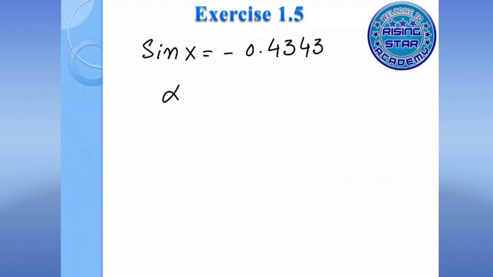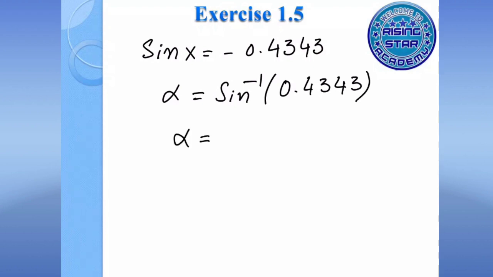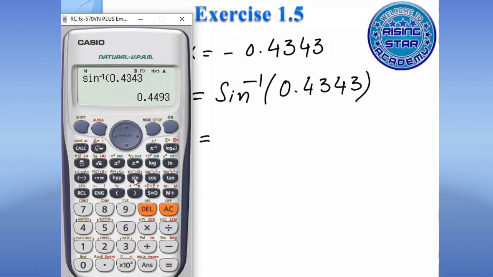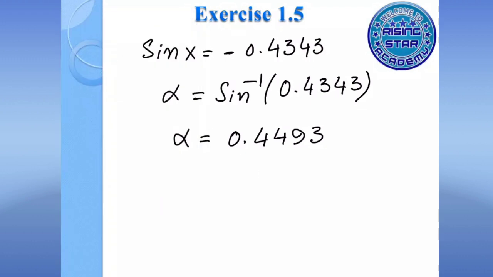Now we will solve the negative value. Now we will find the basic angle alpha for it. We will write sine inverse of 0.4343. So we'll use the calculator to find sine inverse. So here we have 0.4493. We know that the sine is negative in the third and fourth quadrant. So I will write the answers over there.